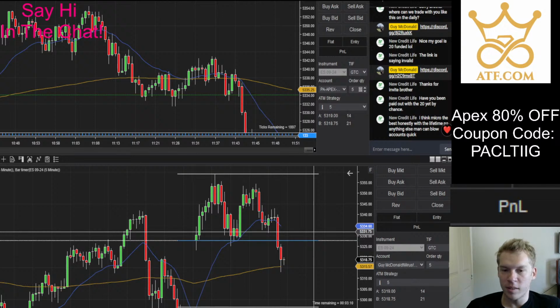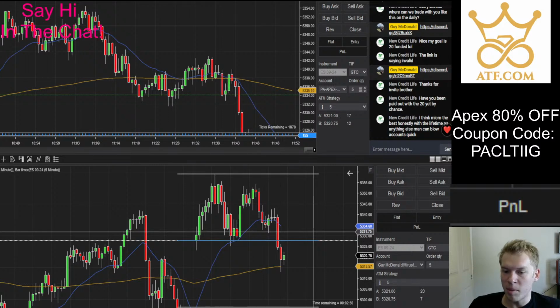Yeah, I mean, I'm comfortable doing 1 E-mini on them, but I understand that would put it at a higher risk than trading micros. But I think for me, 1 E-mini is kind of optimizing it.